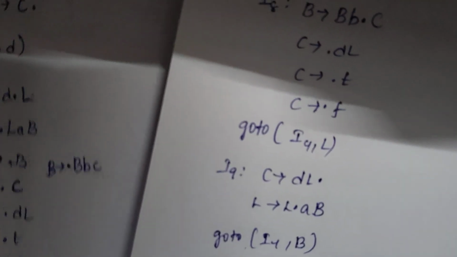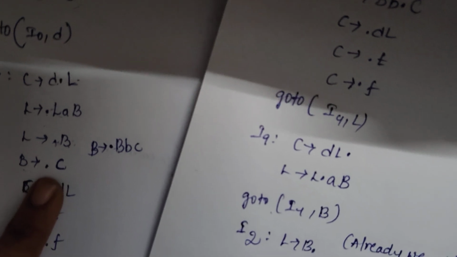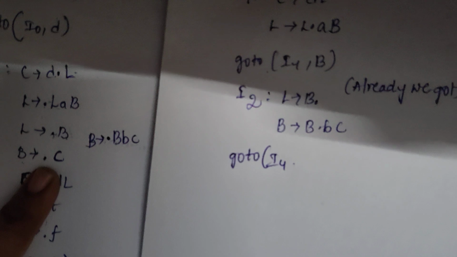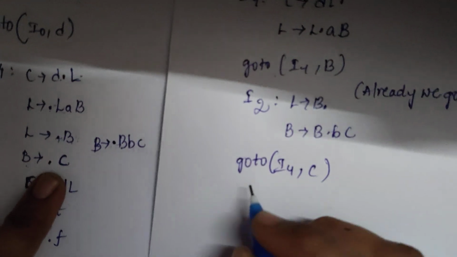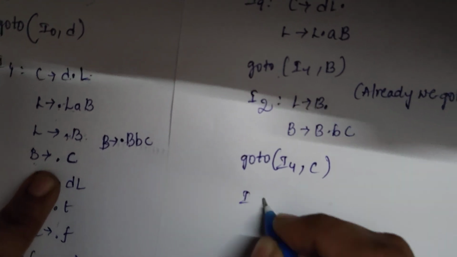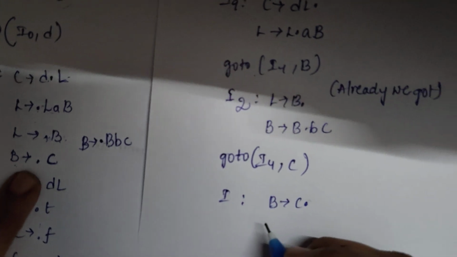Okay, we got this. Now in I4, we are just done with the B. C is also there, right? So go to I4 comma C. So we have only one C. So B produces C dot.